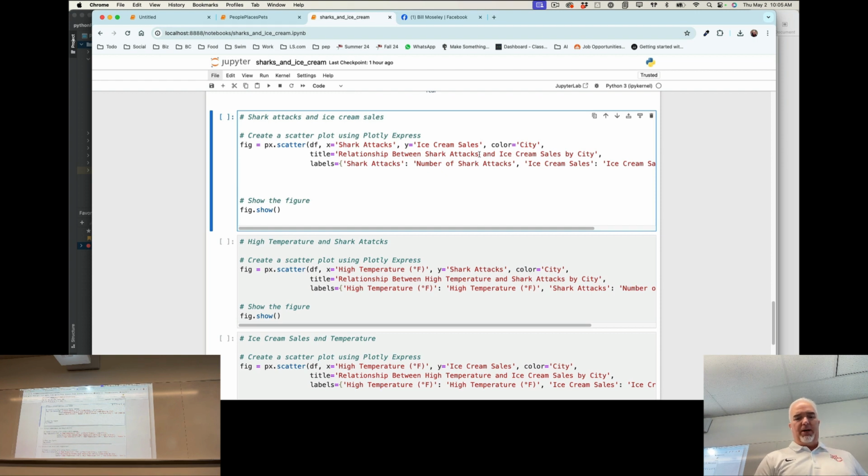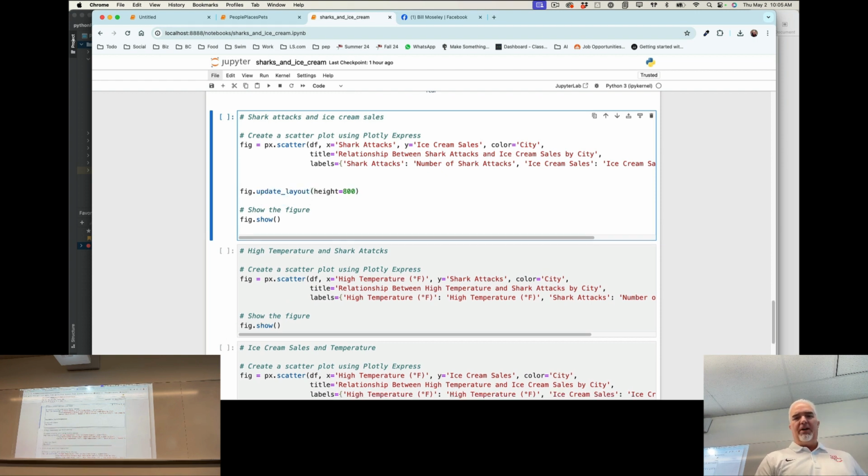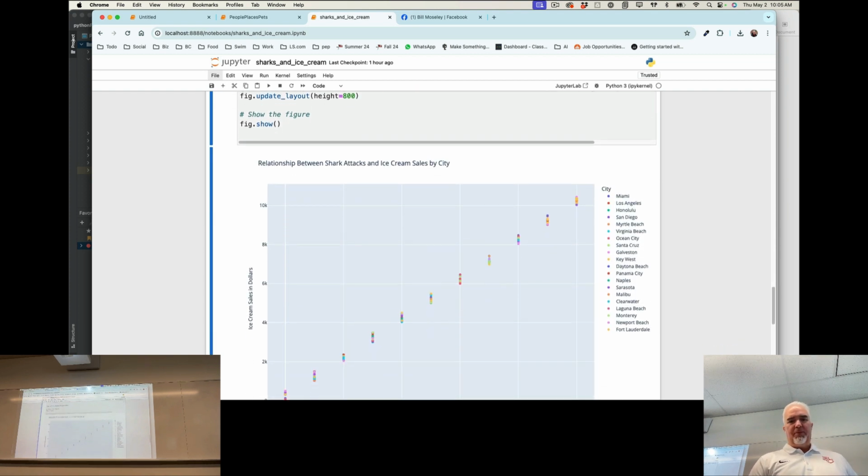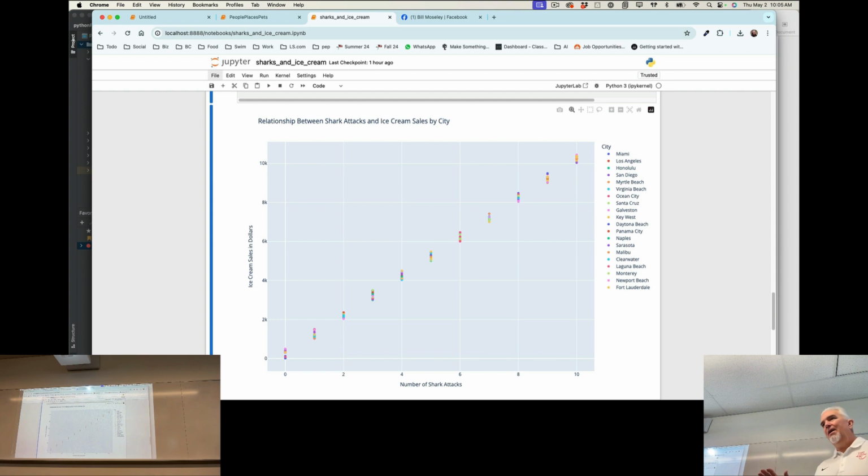because if I plot shark attacks and ice cream sales, look at this. There is a strong positive correlation between shark attacks and ice cream sales.